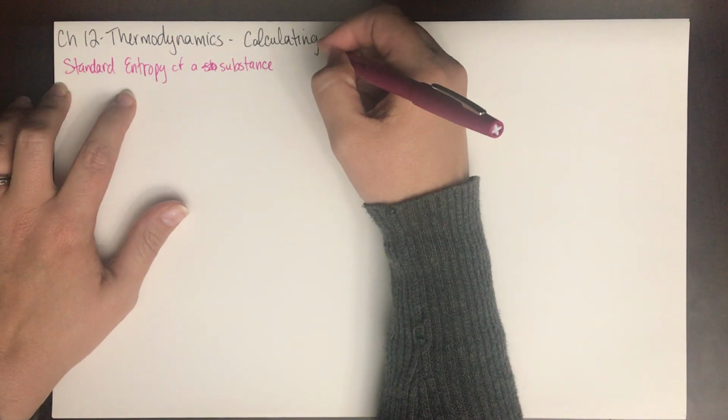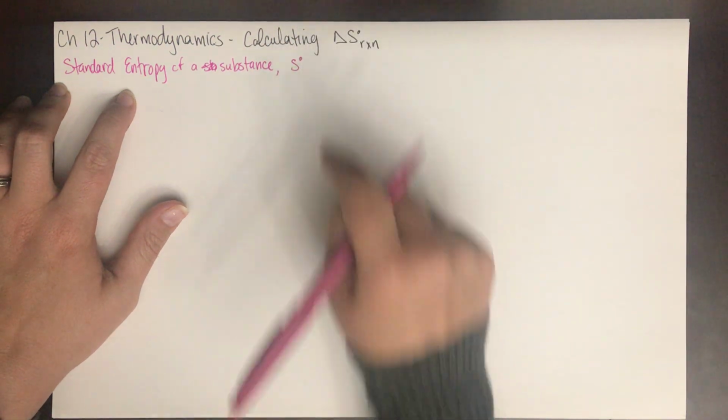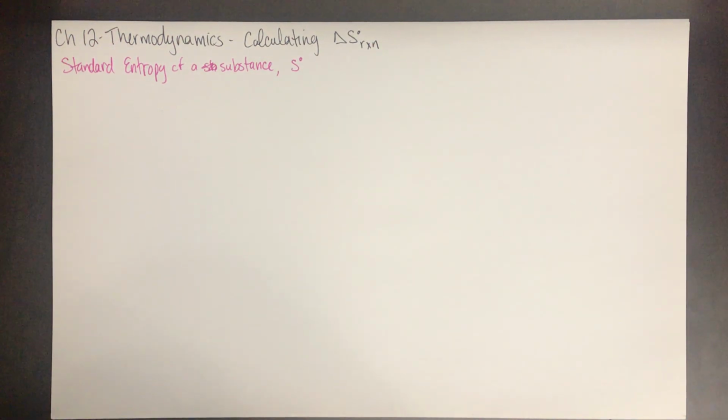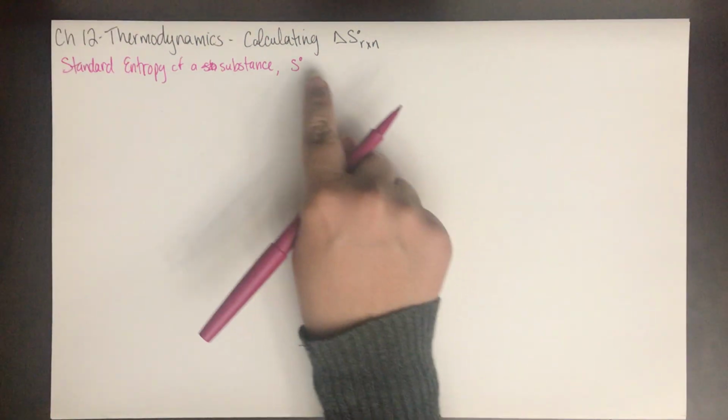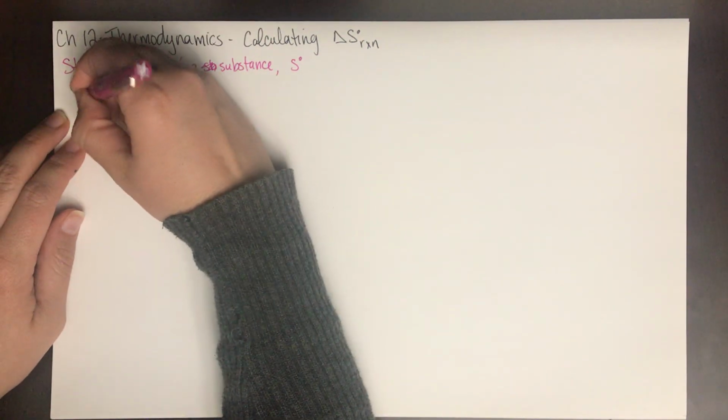So the standard entropy of a substance is going to look like this. Capital S with a little degree sign after it is the standard entropy. So the standard entropy of a substance is in its standard state. So that's what that superscript degree sign means. So it's for a pure substance.